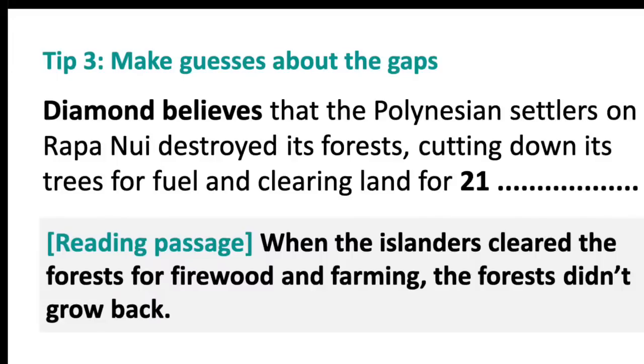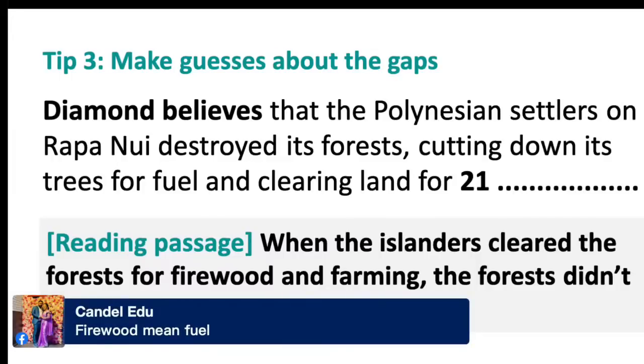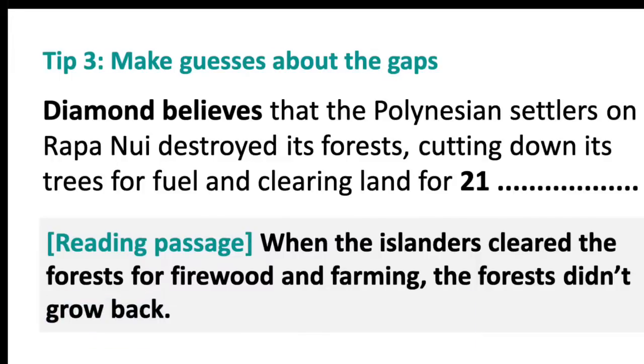I'm going to have a go. Fuel. Yeah. So you can cross that out. You can physically cross it out on your paper. We've got firewood and fuel. Perfect, Candell. And then there's one more thing. So what is the other thing? I think you already guessed it. Clearing land for firewood and, well, farming.